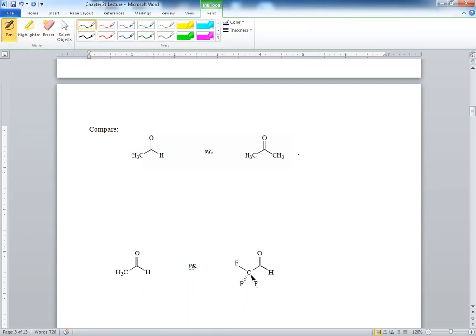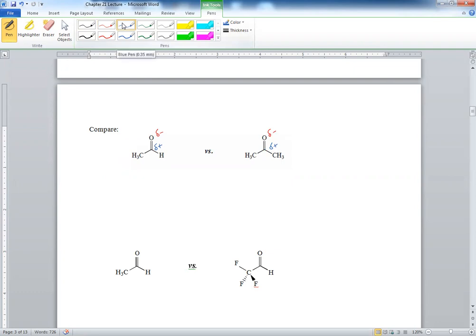We have acetone and we have acetaldehyde. So if we recall from before that the carbonyl carbon has a delta plus, and then the oxygen has a delta minus.